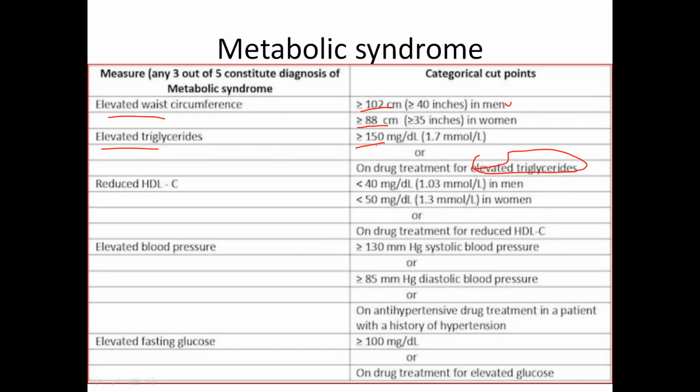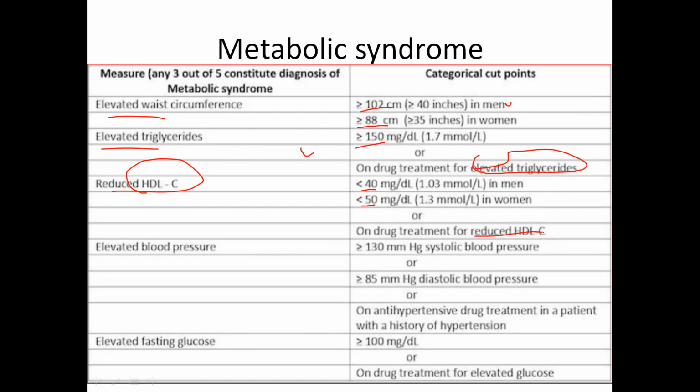That means the patient may have, for example, 100 milligram per deciliter of triglyceride, but if the patient is in treatment for triglyceride, we count this as one parameter. The other is reduced HDL-C level. For men, it is less than 40 milligram per deciliter. For women, it is less than 50 milligram per deciliter. Or in treatment for reduced HDL level.